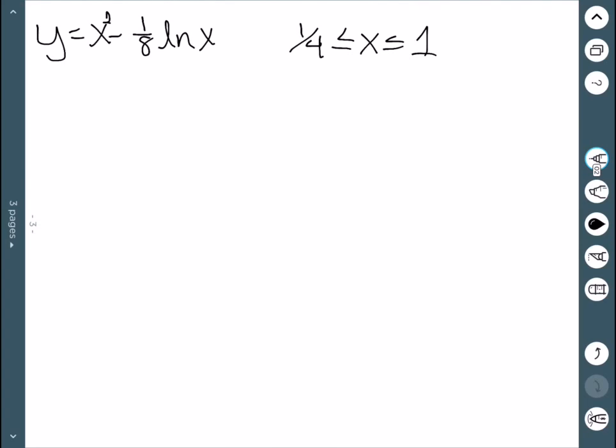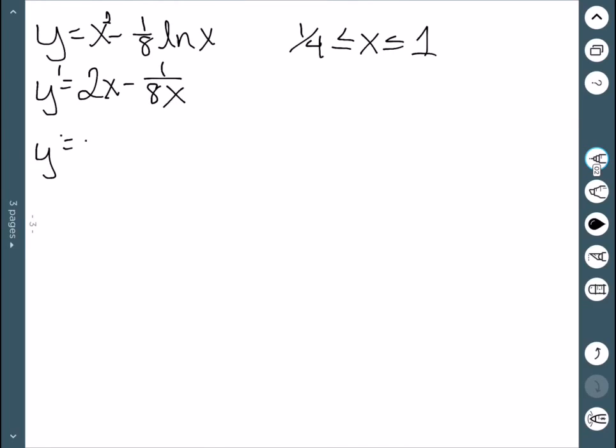Next, we'll consider this example. Y equals x squared minus 1/8 ln x, where x is between 1/4 and 1. The first step is to take the derivative. The derivative of x squared is 2x, and the derivative of 1/8 ln x would be 1 over 8x, since the derivative of ln x is 1 over x.